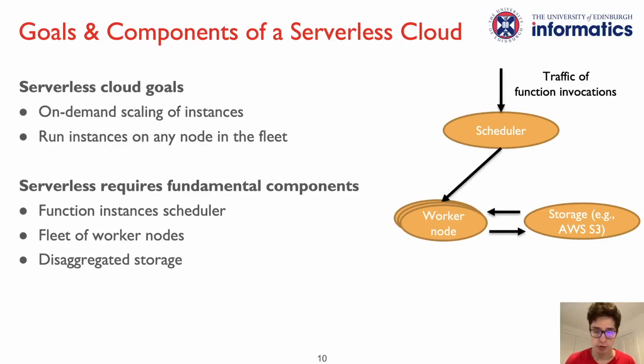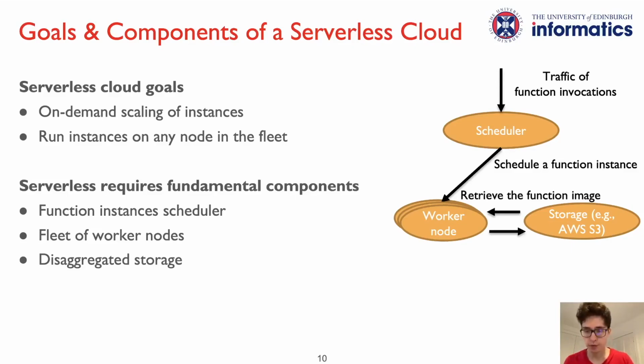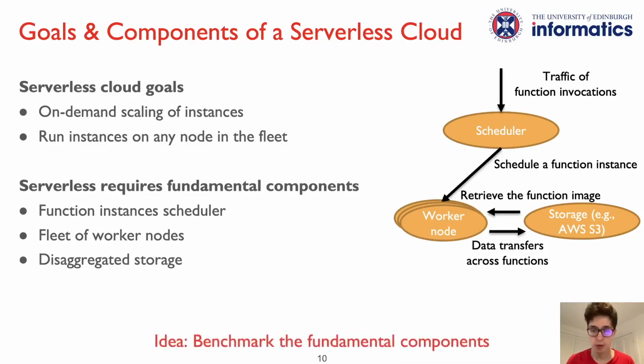The worker nodes where function instances can run, and the storage that holds the initialization state. For example, container images for spawning new instances of functions. The same storage service is used for transferring data across functions because they are stateless and cannot hold state. With this insight, we can now assess the performance of clouds by stressing their key components.